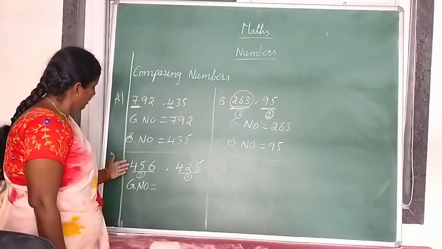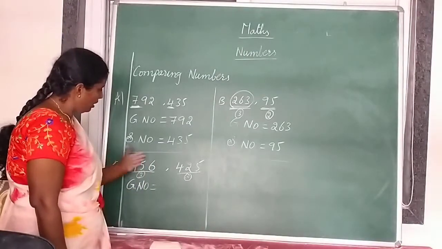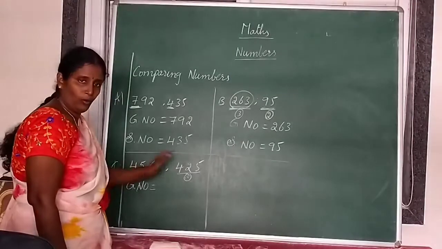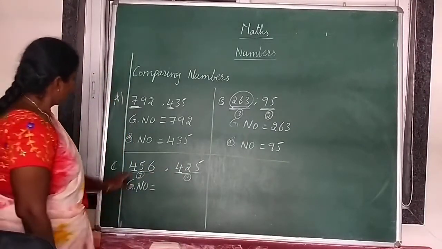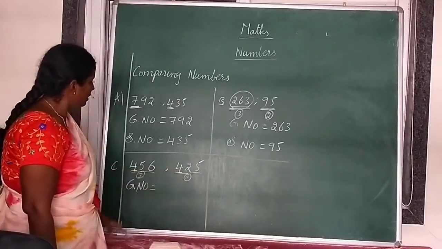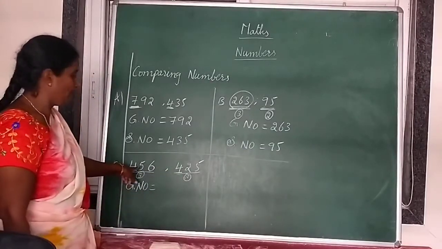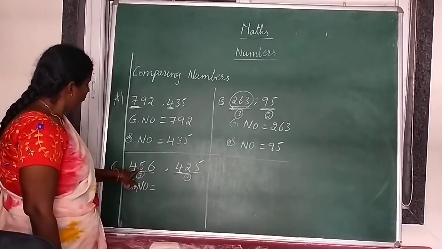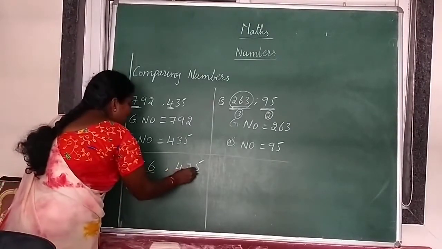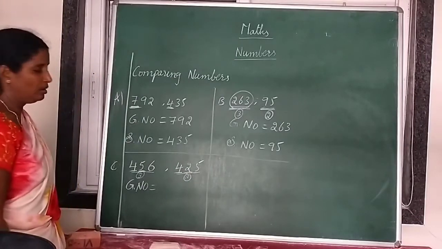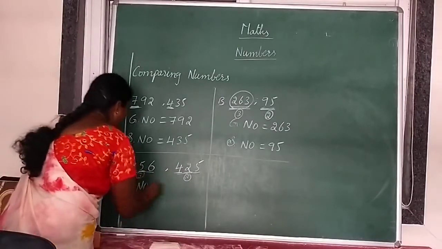So left side first digit is 4 and here also 4. So same digits in hundreds place. Then we have to compare the next digit, 5 and 2. 5 is greater than 2.